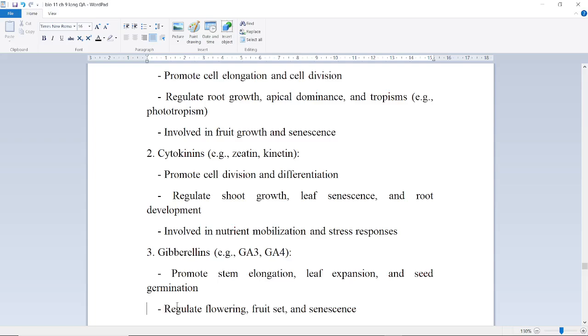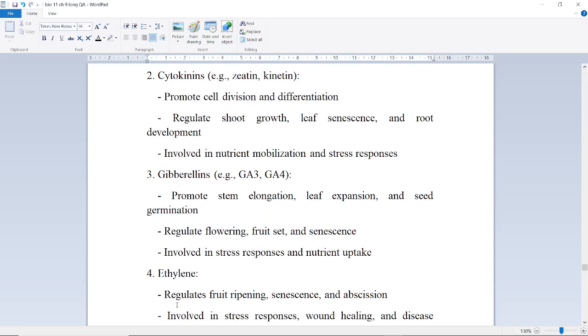Next is cytokinin. It promotes cell division and differentiation, regulates shoot growth, leaf senescence, and root development, involved in nutrient mobilization and stress responses.